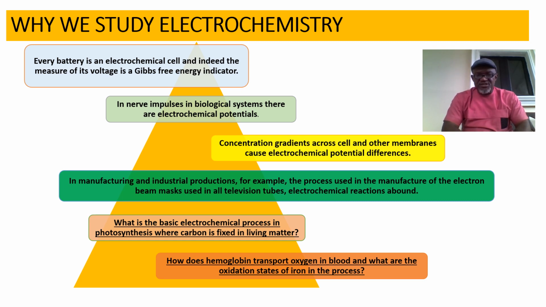It is electrochemical reactions, electrochemical potentials, that can cause the picking up of oxygen to transport to the blood cells, and the picking up and removal of carbon dioxide. So you can see that there are so many reasons why the study of electrochemistry is important. That's why it is important for us to know the basics. For you at this elementary level, we're not going to go deep. We're just going to look at the basics of electrochemistry.